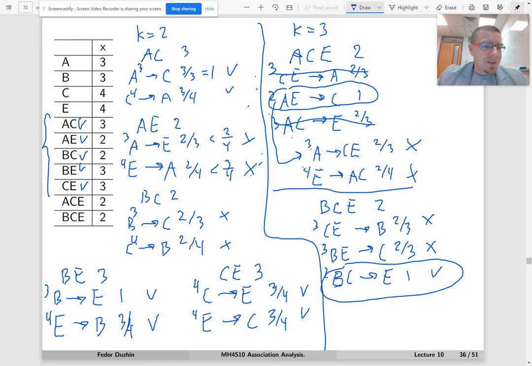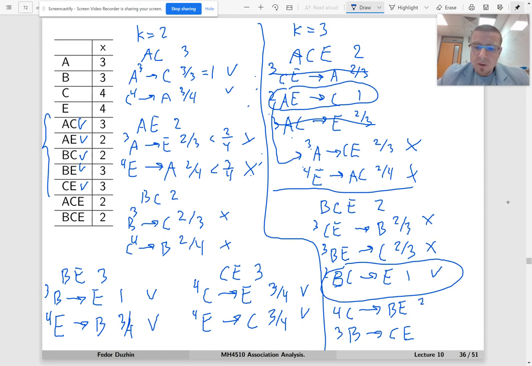Okay, since it is included, it means that we've got to try moving both B and C from the left to the right. So we've got to consider rules C implies BE, and B implies CE. Okay, so the count of C is 4, the count of B is 3.